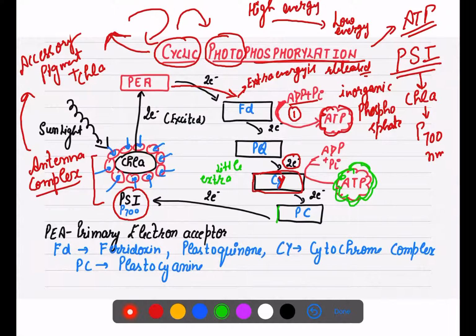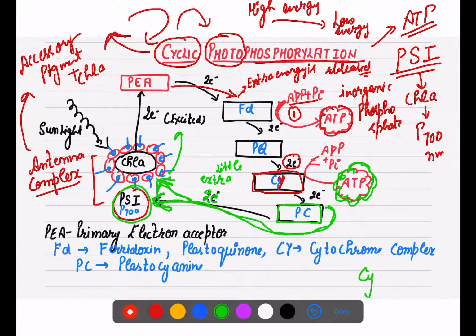Now once the pair of electrons reaches plastocyanin, it transfers the pair of electrons, and they go back to photosystem 1, that is P700. That is why, as you can see, the electrons that moved from chlorophyll A come again back to the chlorophyll A molecule.